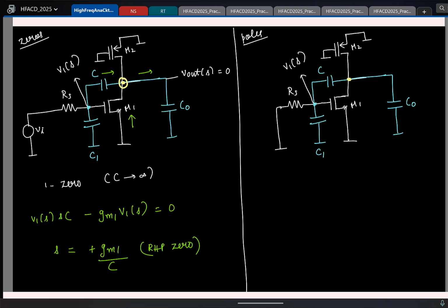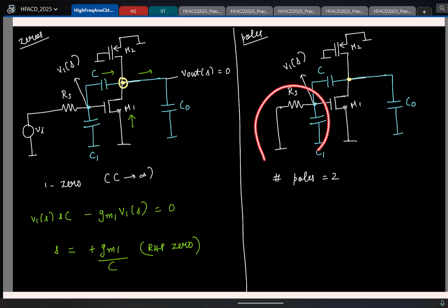The number of poles depends on the maximum number of initial conditions you can define for the capacitors. How many initial conditions can I define independently here? Because the moment I define the initial conditions across C1 and C0, the voltage across C is defined. You don't have control. So the number of poles is 2, that's trivial.